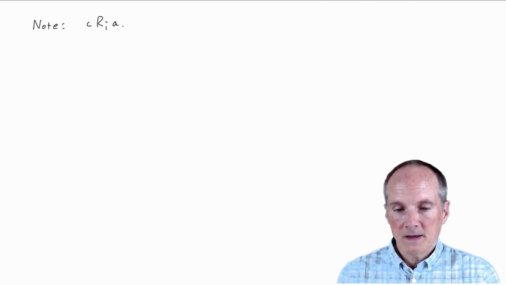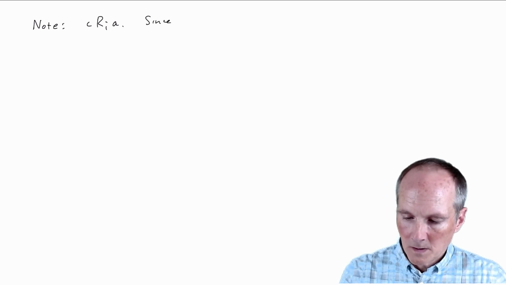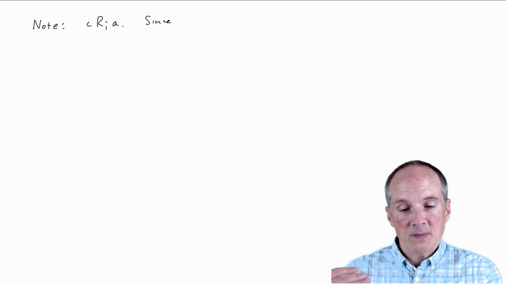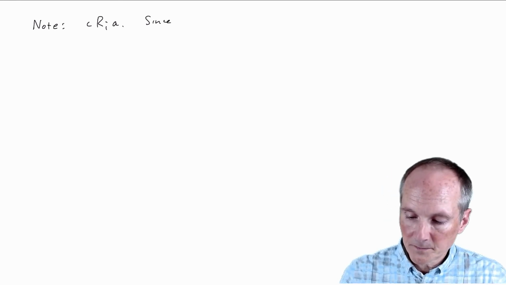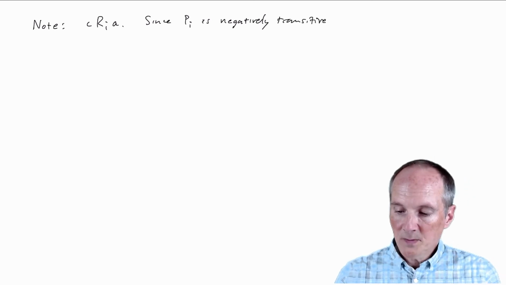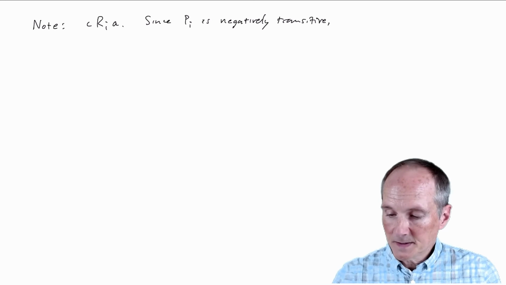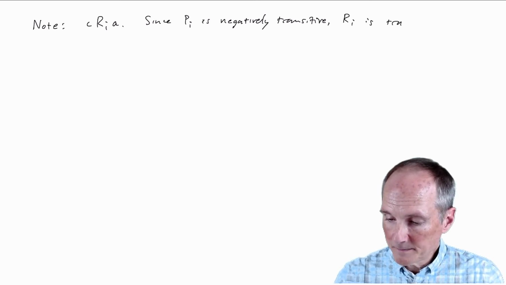That means that the strict preference relation for person I is negatively transitive. But of course, that implies that the weak preference relation for person I is transitive.